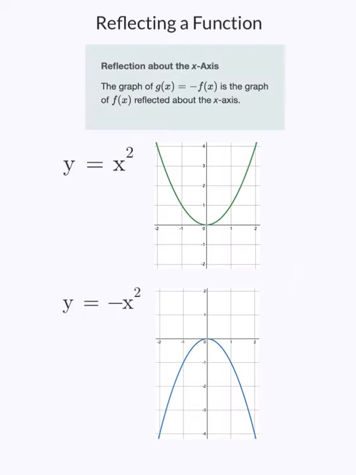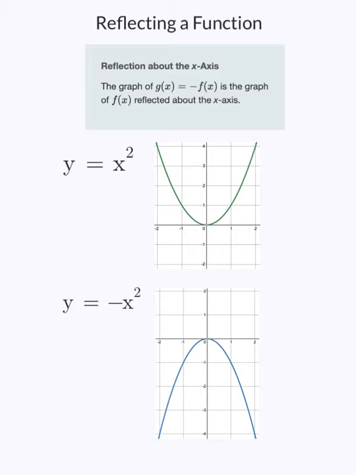The first part that we're talking about is going to be reflecting a function. In class, we talked about reflecting a point, but now we're going into transformations for functions, which for right now is going to include reflecting, shifting left and right, and shifting up and down.